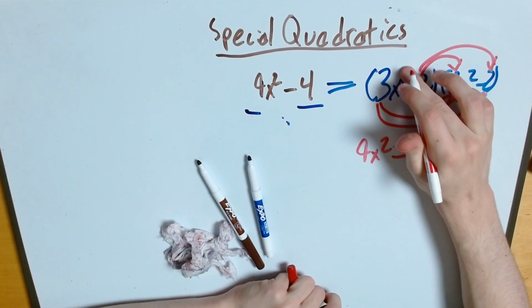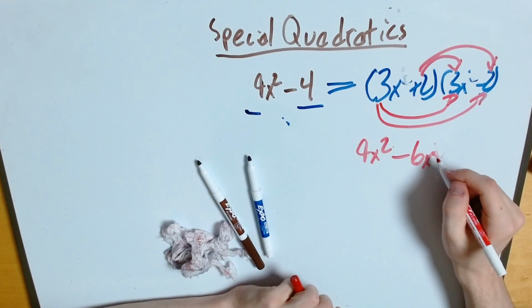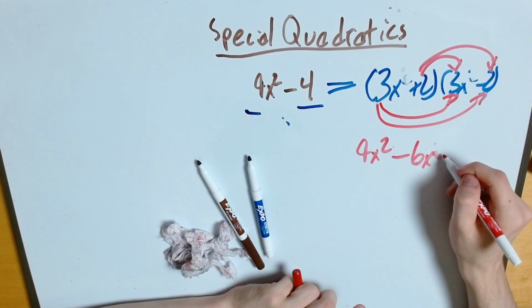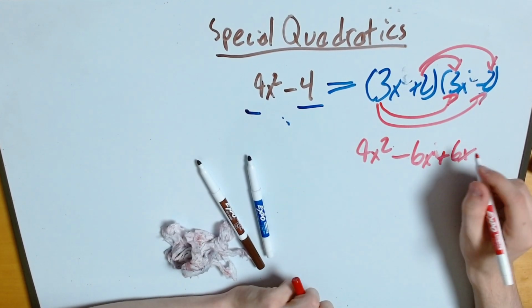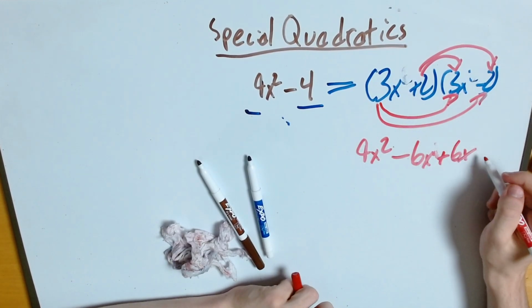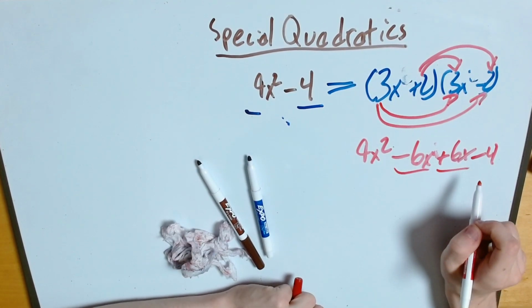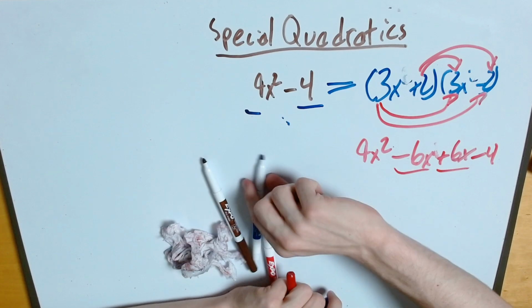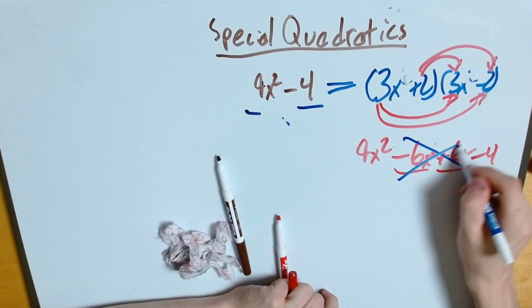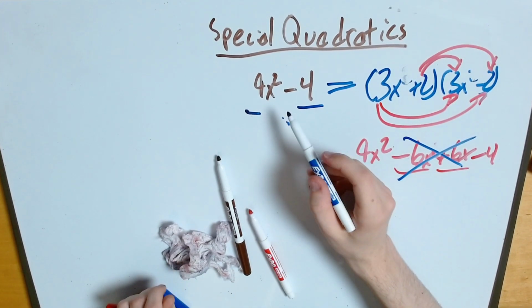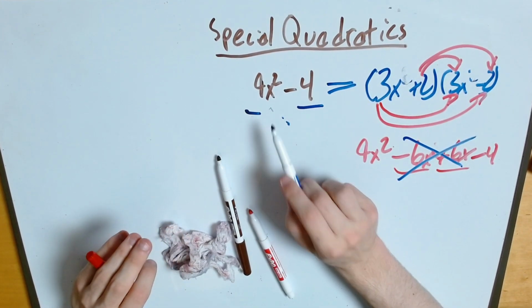And 2 times 3x, that's positive 6x, and 2 times negative 2 is negative 4. Now we notice, hey, we have a negative 6x and a positive 6x. That means these x terms cancel out. We'll just be left with 9x squared minus 4, which is exactly what we have in our original equation.